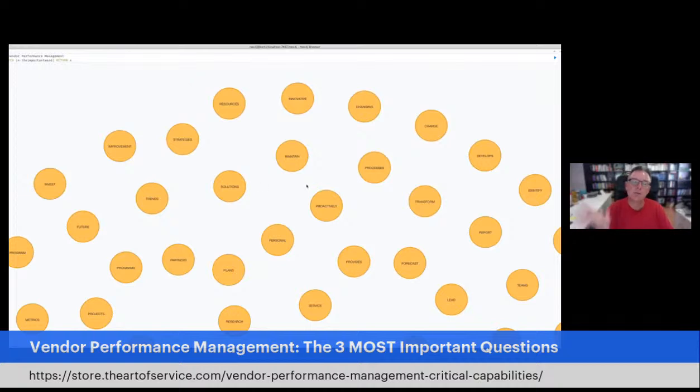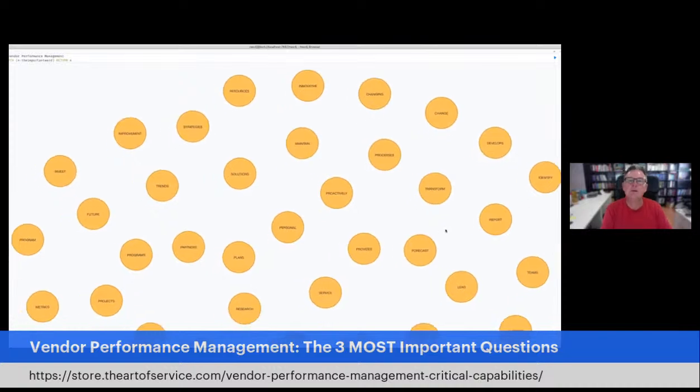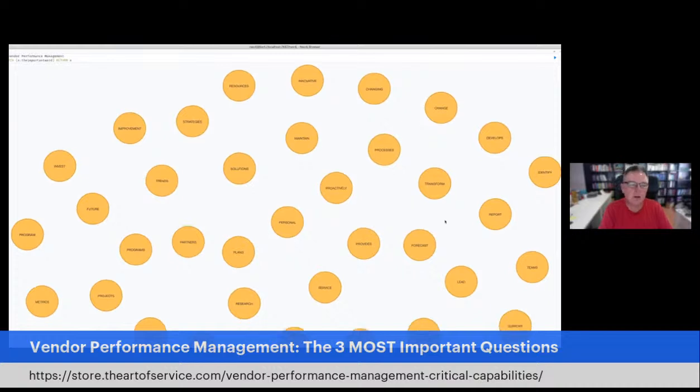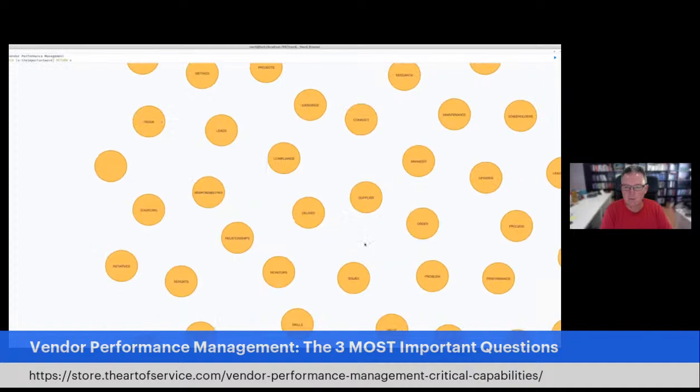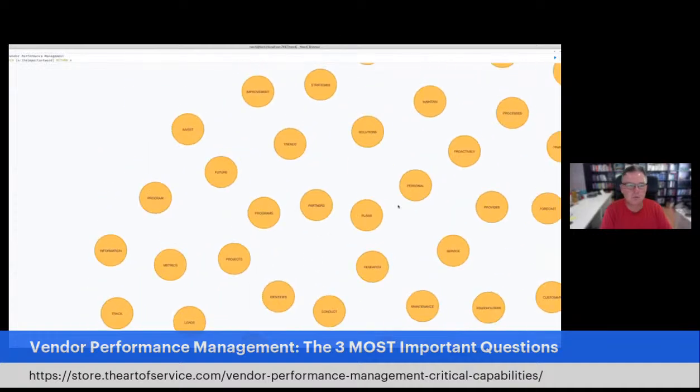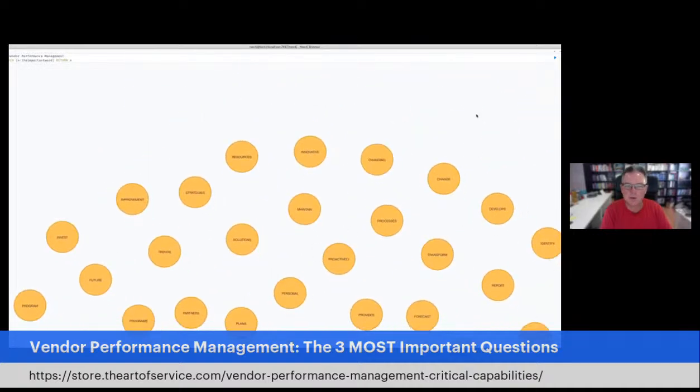So these are the words that pop up that are the most important words in relation to vendor performance management. To me, this is helpful because it gives me an insight into what I want to focus on in a management meeting or in a meeting in general. Usually I just pull this up on the whiteboard and I go through these words and go, okay, what do we want to focus on? Guys, girls, men, ladies, what do we want to do? We want to focus on, let's have a look.